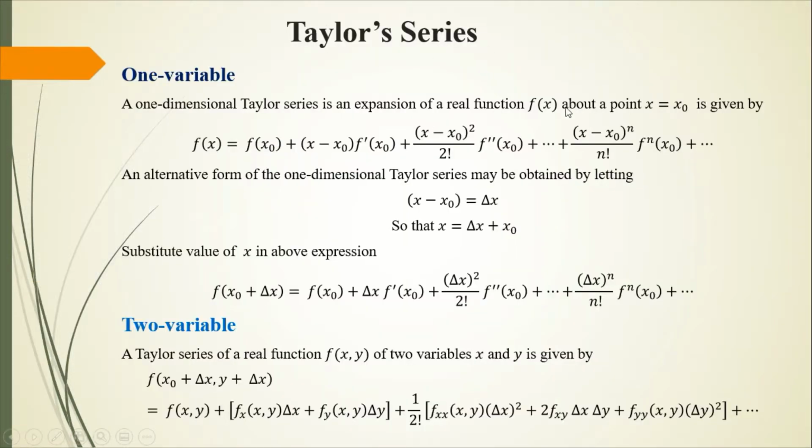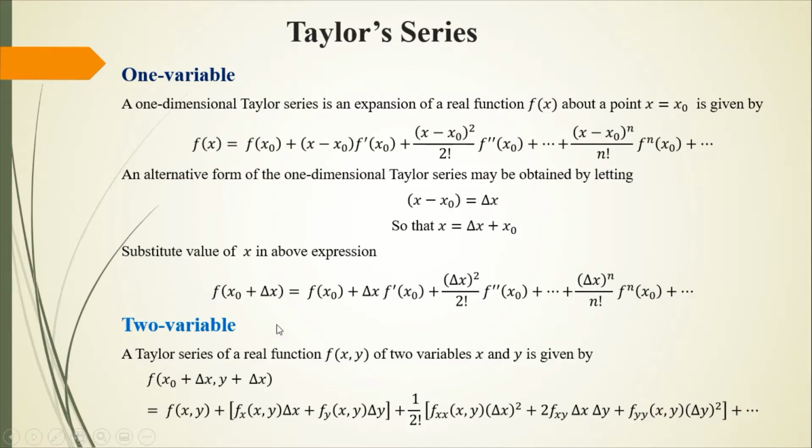Taylor's series: let f be a function of one variable x, then its expansion about the point x equals x naught is given by this formula. The alternative form of this formula is given by considering x minus x naught equals delta x.